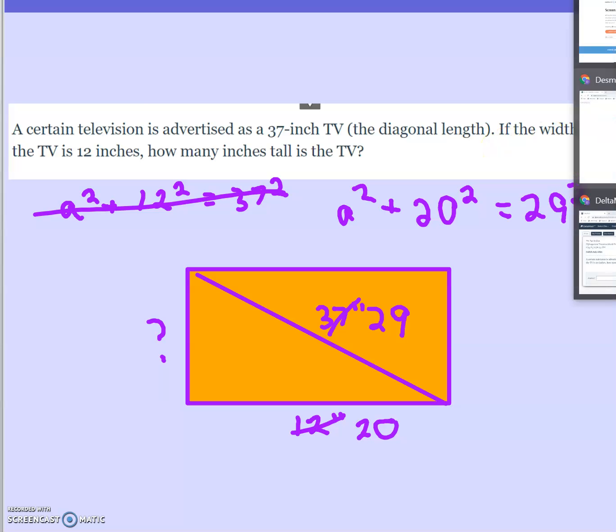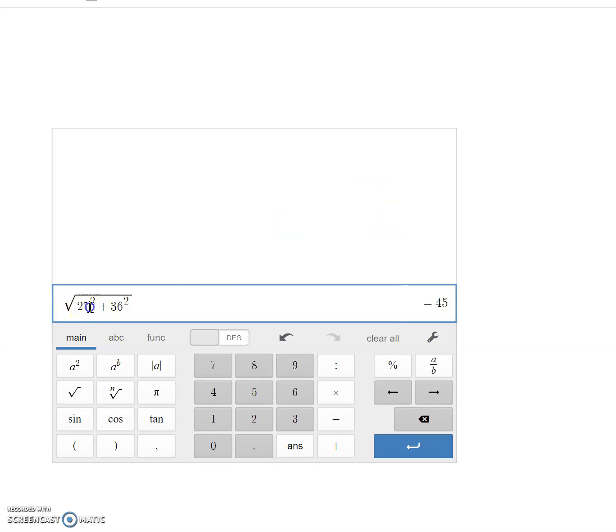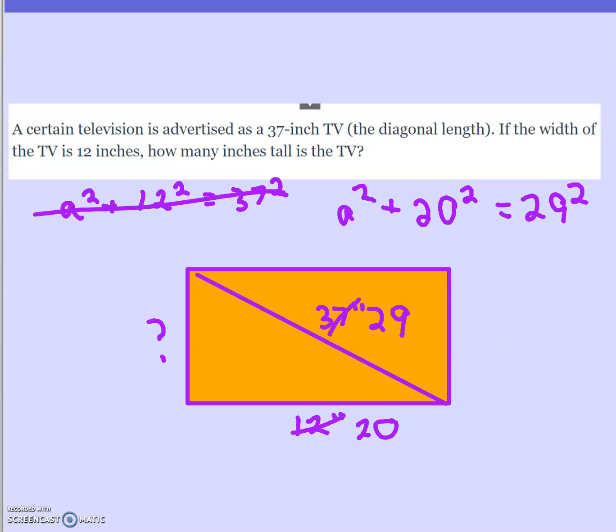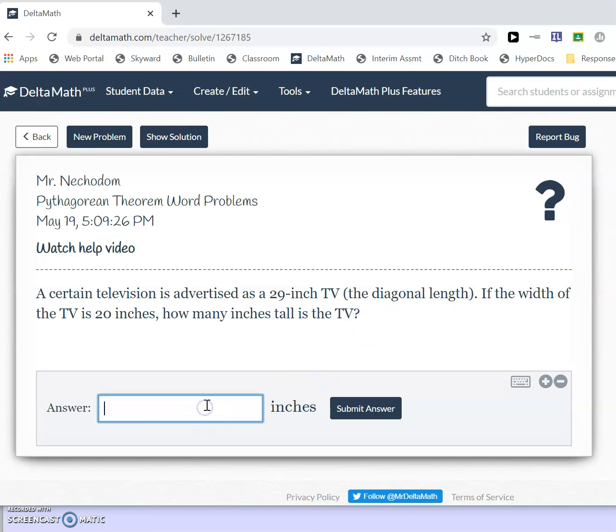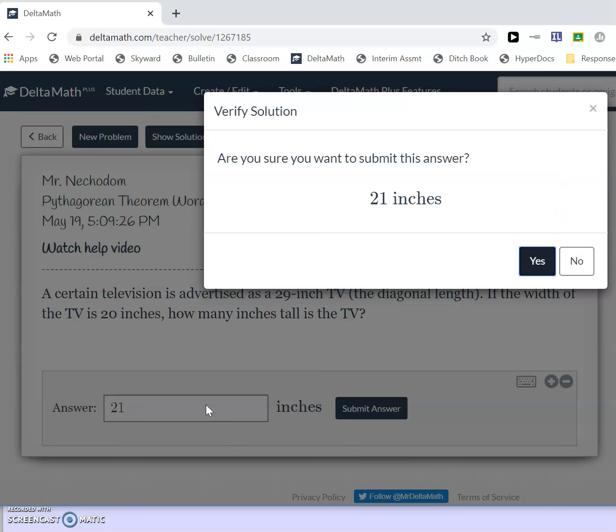Here I go back to the calculator. 29 and 20, and I want to be subtracting. So 21. This saved me the effort of having to type all that stuff in my calculator. So 21, go back to the Delta Math, type in 21, and I got my answer.